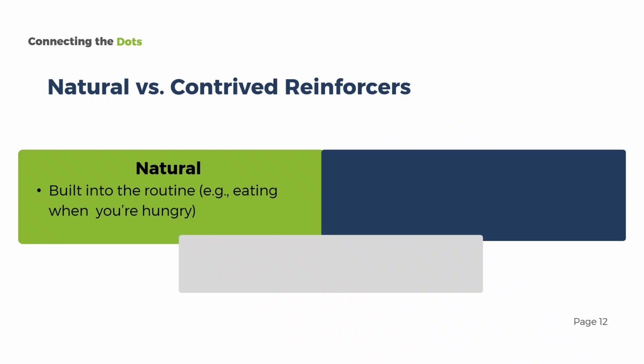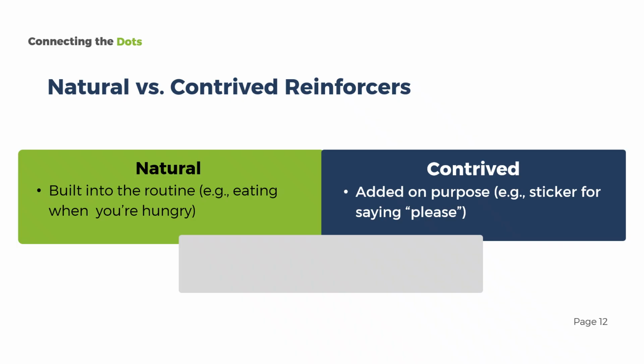But on the other hand, a contrived reinforcer is something we add on purpose to encourage a behavior. This might be something like giving a child a sticker for saying please. The sticker doesn't naturally follow from the behavior. We arrange it to increase the likelihood that the child will use polite language again.